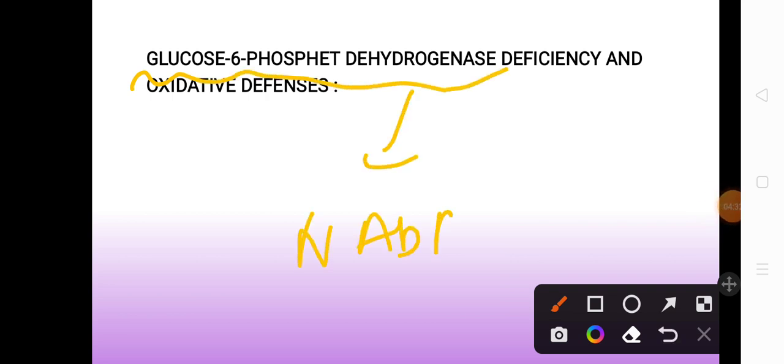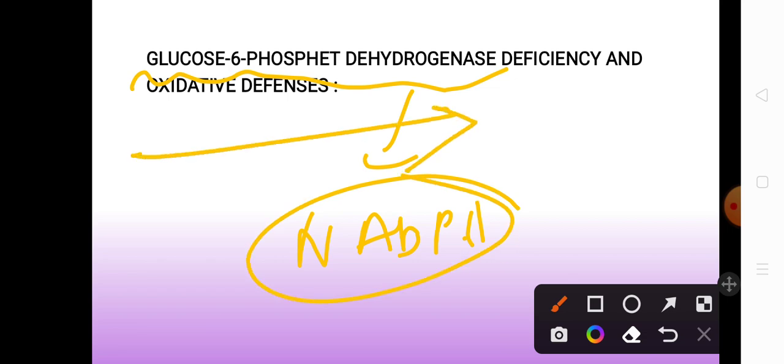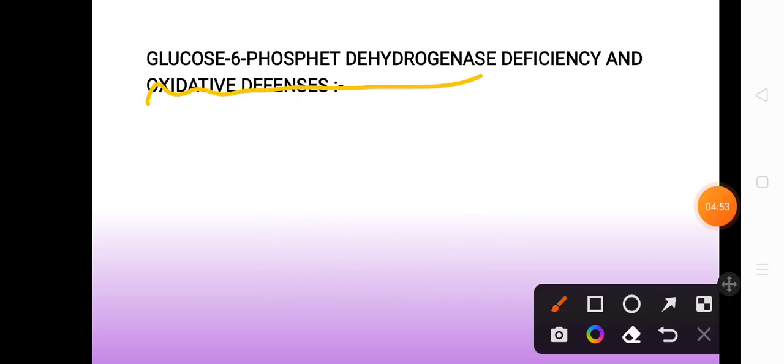Because the pathway cannot move, because we have learned that the glucose-6-phosphate dehydrogenase mediated step was the committing step, right? So if the committing step cannot occur, then obviously there will be no movement in the pentose phosphate pathway, right? So obviously there is no doubt that NADPH will not be produced, right?